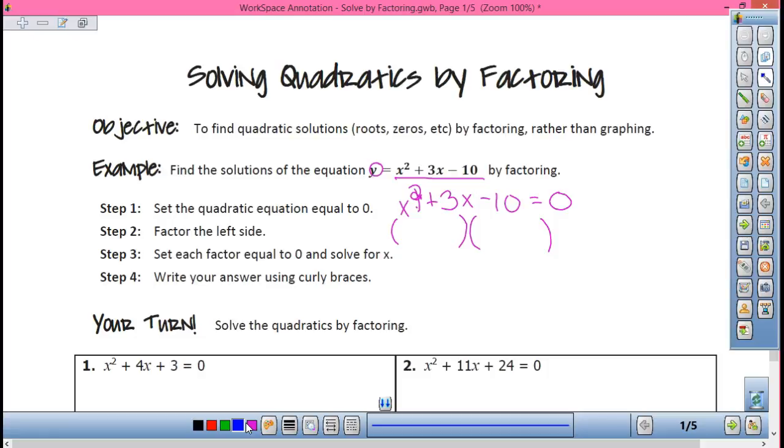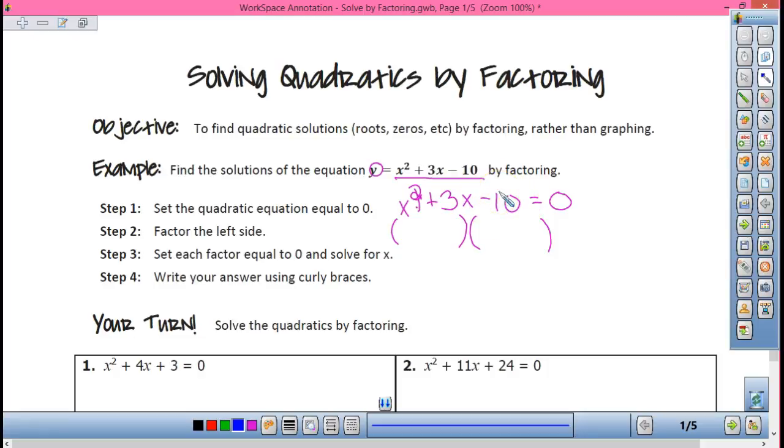You're right. Oh, careful. They're going to add up to 3. They're going to add up to our middle term. But how am I going to pick those numbers? Yeah, they're going to be factors of 10.